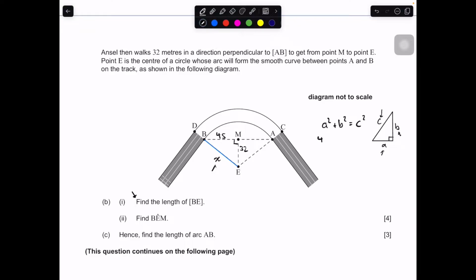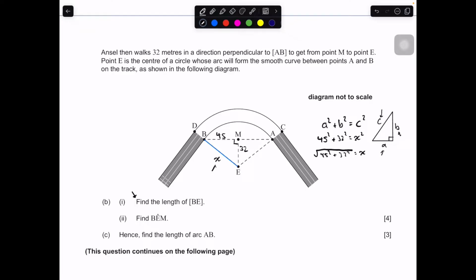So we have 45 squared plus 32 squared, and that should equal, in this case we called it x, so let's write it as our unknown, x squared. Okay, we can solve this, or we can just take the square root of all of this, and then that will be equal to x. So both will give us the same answer.